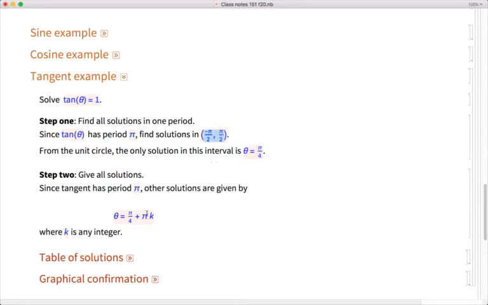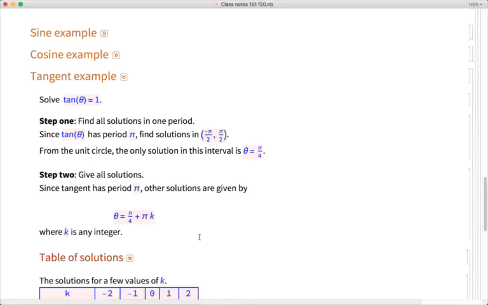Once we have that, we're going to take the one solution that we found, and we're going to add on multiples of the period for tangent. So we're not going to add on multiples of 2 pi, we're going to add on multiples of pi here. And again, k can be any integer.